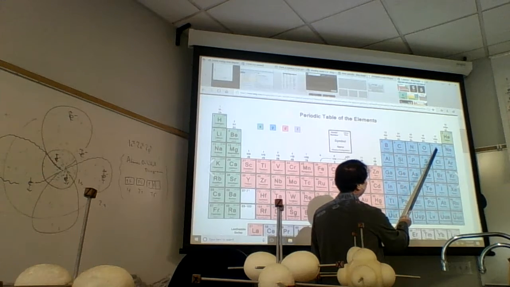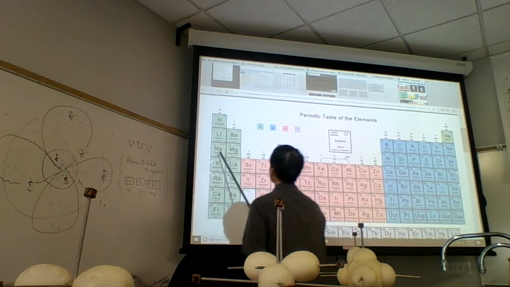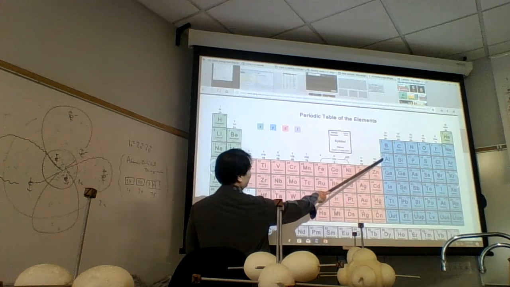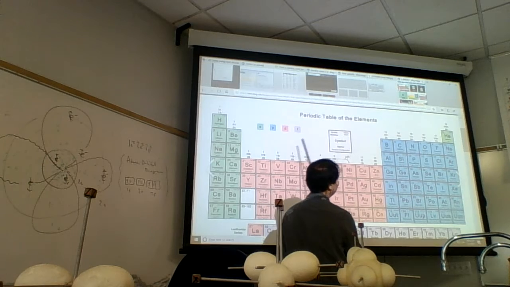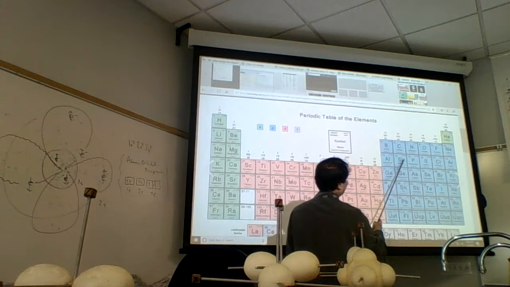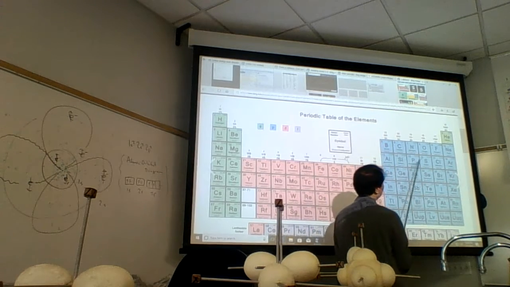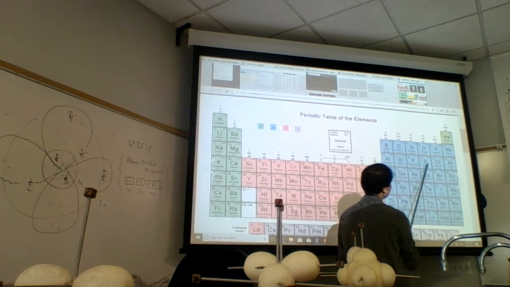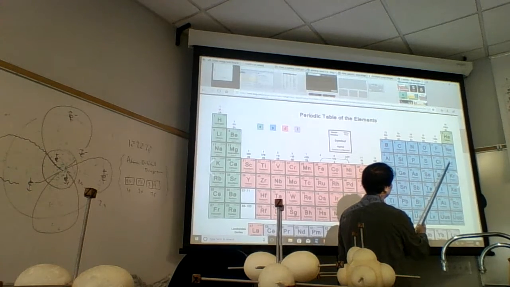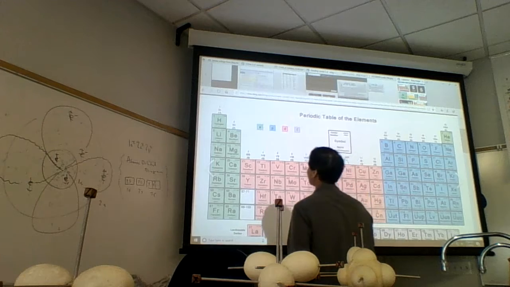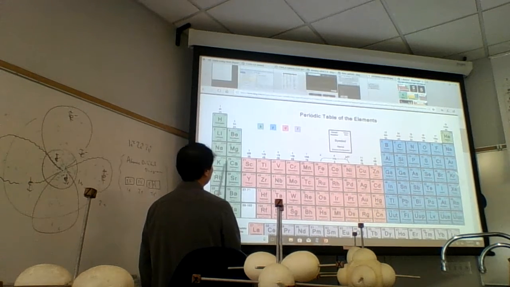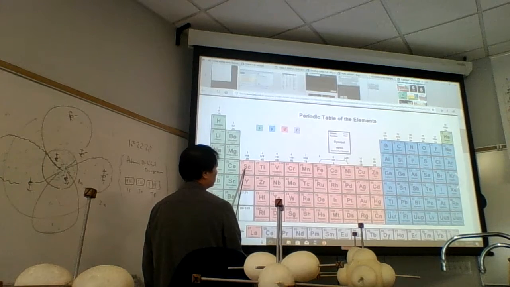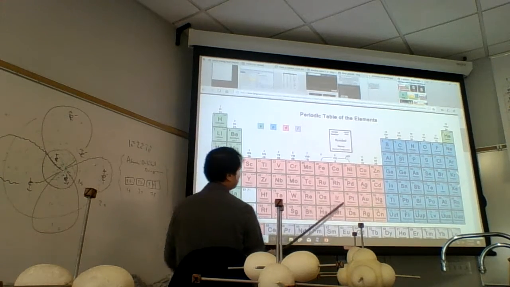So nitrogen, oxygen, fluorine are going to gain. And then over here, sodium, magnesium, aluminum are going to lose. Now, silicon's halfway. It might lose 4, to be like neon, or it could gain 4 to be like argon. Phosphorus wants to gain 3 to be like argon, sulfur gain 2, chlorine gains 1 to be like argon, which is 18 electrons. Potassium, calcium, scandium are going to lose 1, 2, and 3 electrons to be like argon.